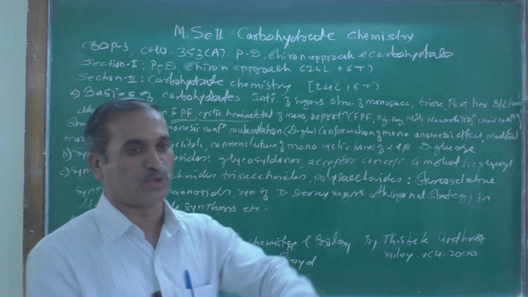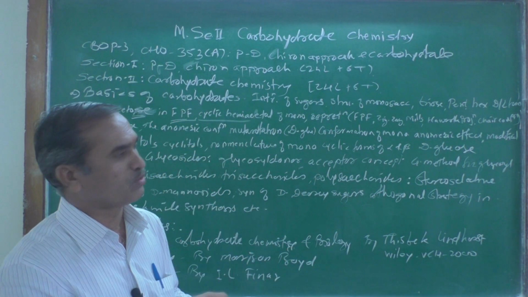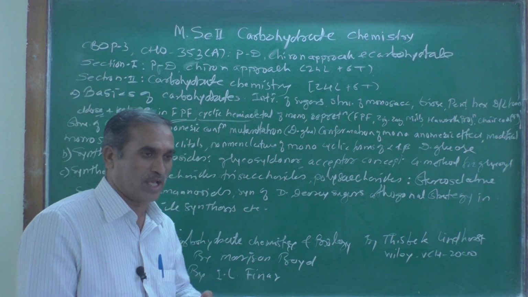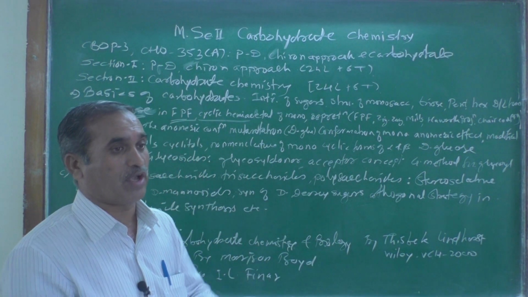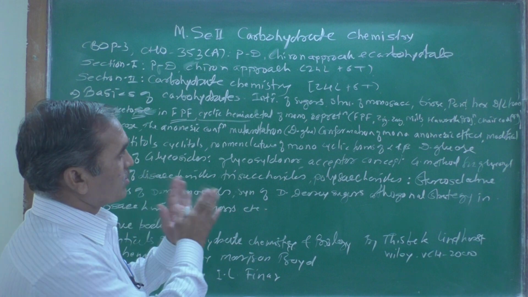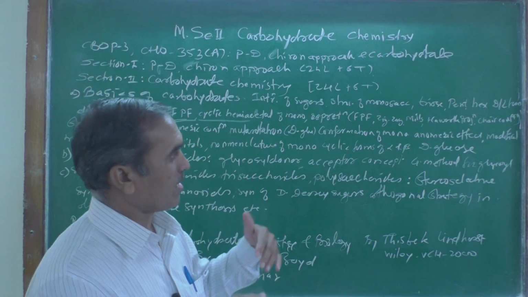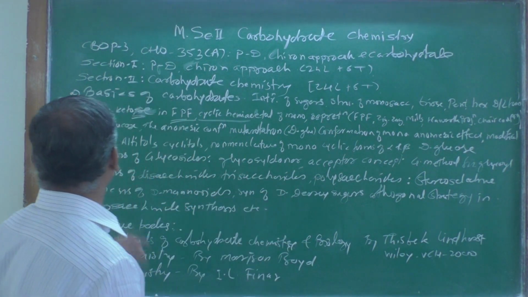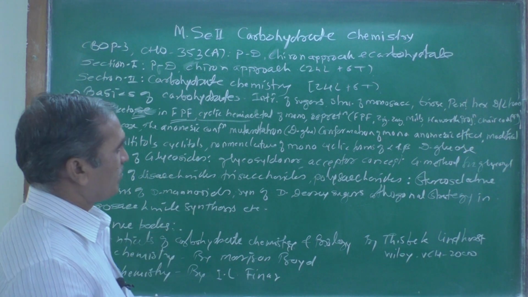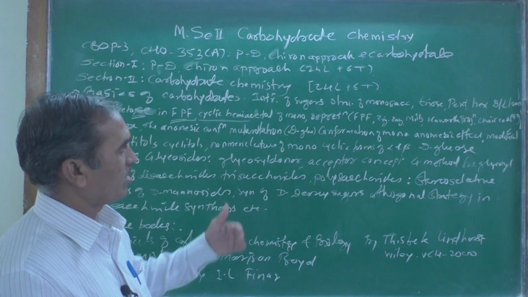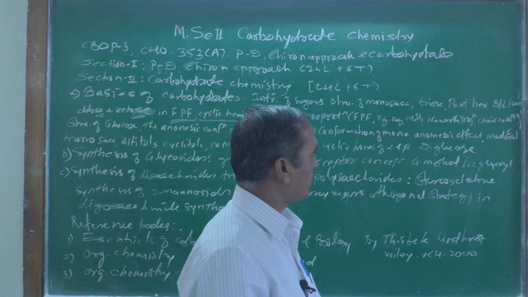Generally we are going to write glucose in the cyclic form, and then what would be the anomeric configuration. What do you mean by epimer, anomers, anomeric effect, mutarotation with respect to D-glucose, then conformation of monosaccharide, anomeric effect, then modified monosaccharides, alditols, cyclitols, nomenclature of monosaccharide, cyclic forms of alpha and beta D-glucose.